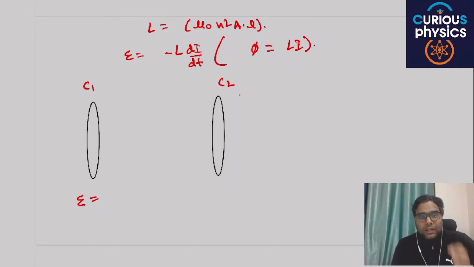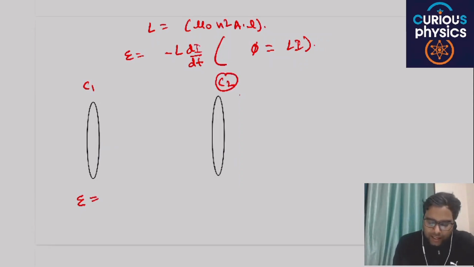Induced EMF in coil 1 will take place with the help of C2. Let's say I2 current is passing through coil 2, and I1 is passing through coil 1. Then this induced EMF will take place first with the help of mutual inductance, and second with the help of self-inductance.